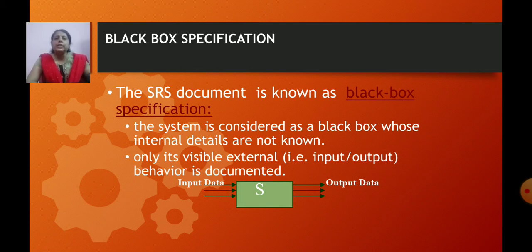It means the software accepts this data and produces this data, and how it is produced, how the processing is done, is not written in the SRS document. The SRS document only shows the external criteria: what the input will be and what the output from the function is.